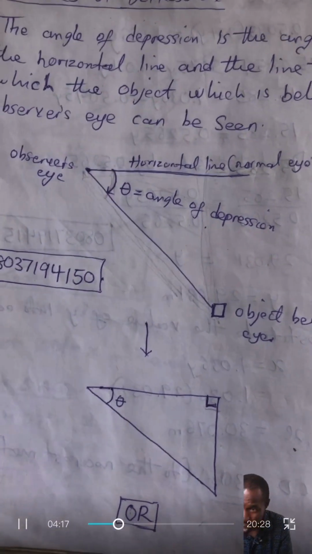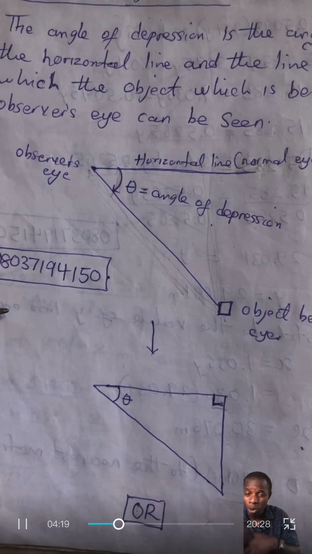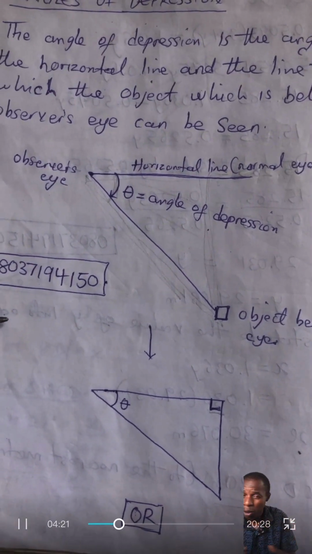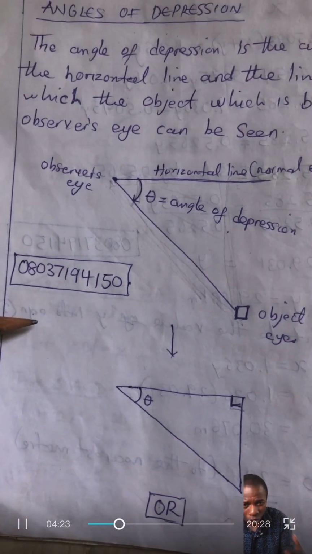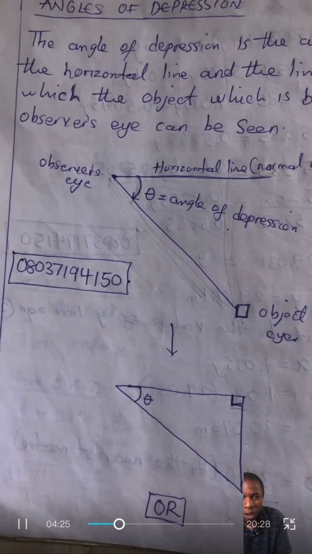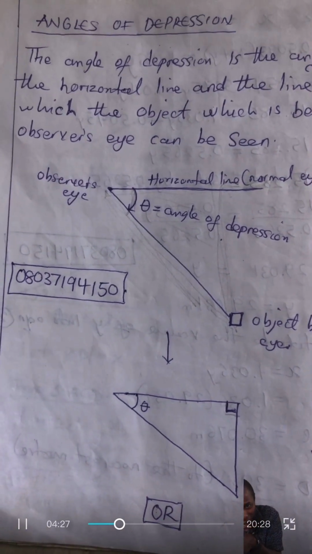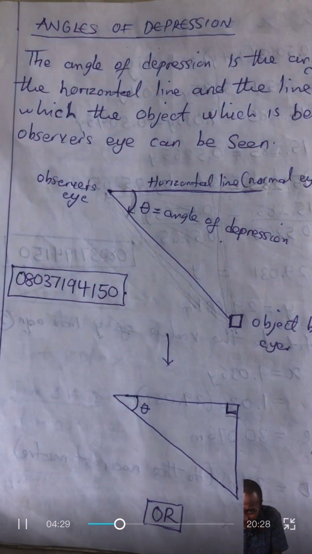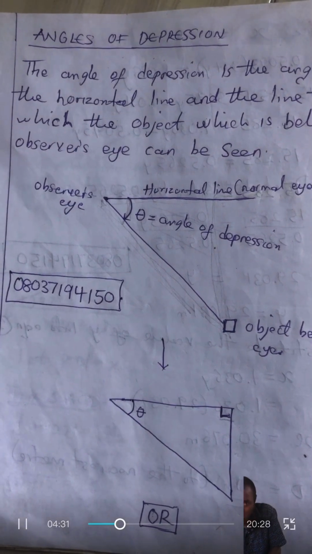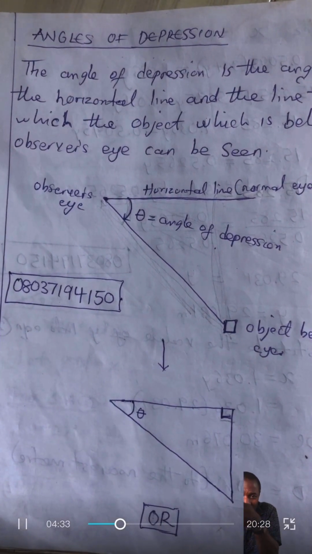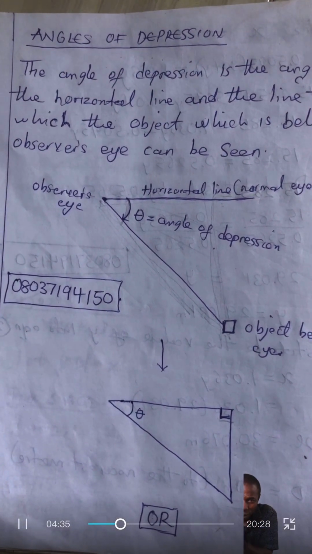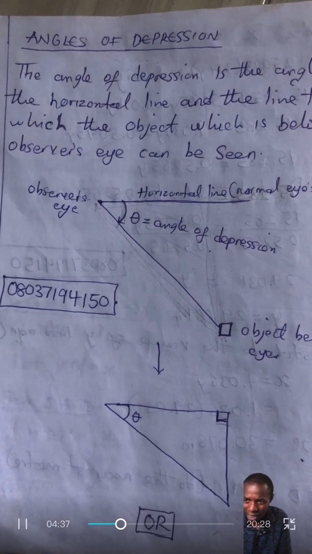Do you understand that? That is why when it comes to angles of elevation and depression, we are dealing with a right angle triangle, because there is a horizontal line, which is the normal height level, and there will be a vertical line from the object to the eye level. So the point where they meet forms angle 90 degrees. Did you understand that now?